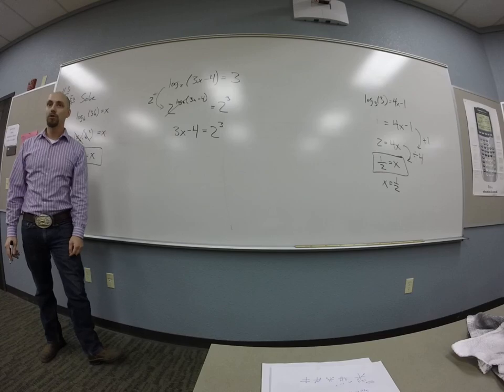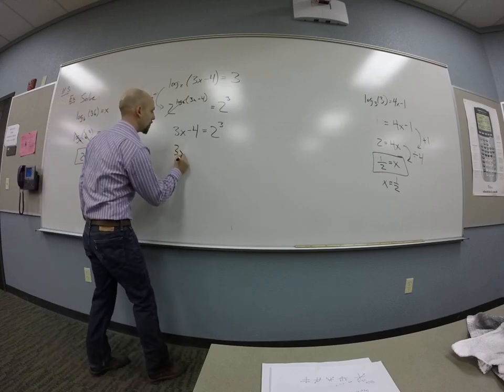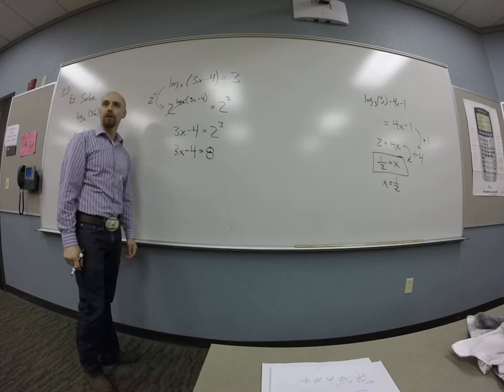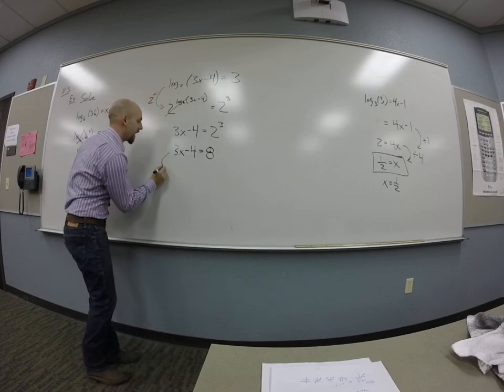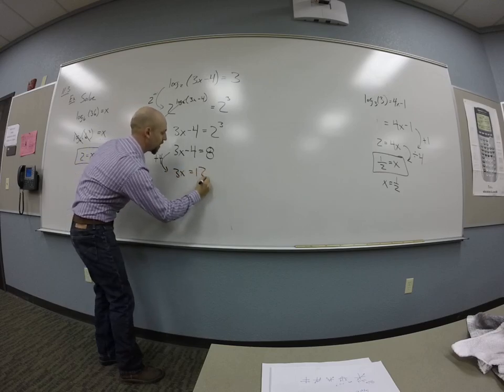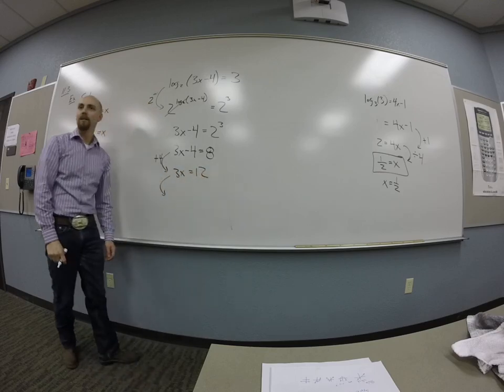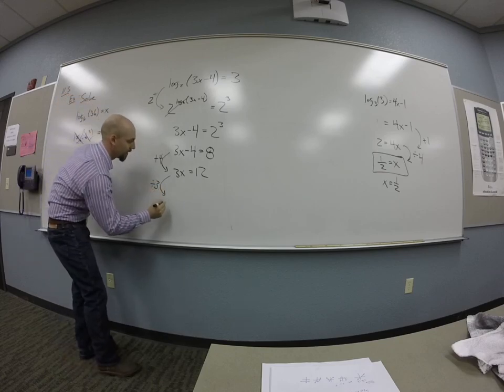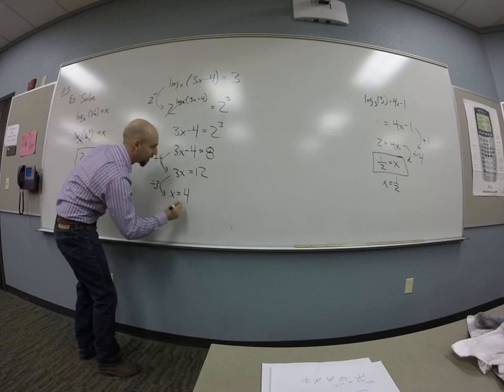It's 8. So I'm looking at 3x minus 4 is 8. What do I do to both sides? Add 4. I get 3x is 12. Then I divide by 3 and get x is 4.